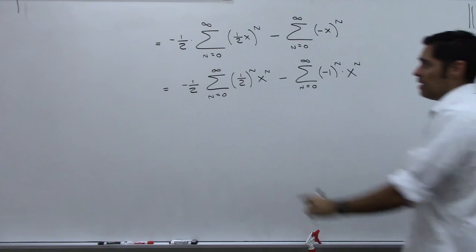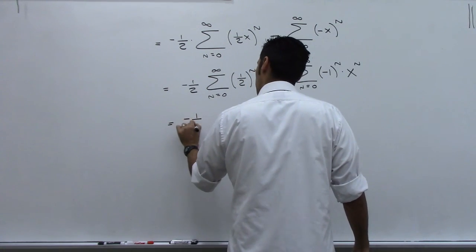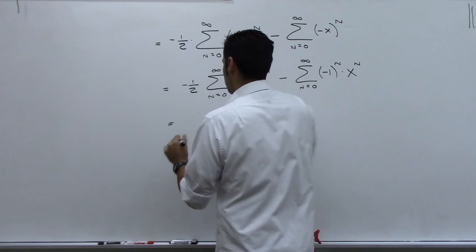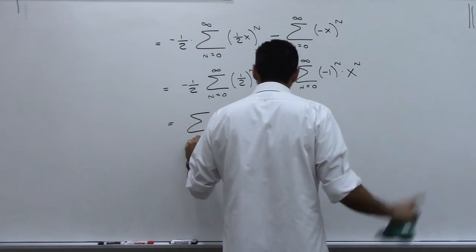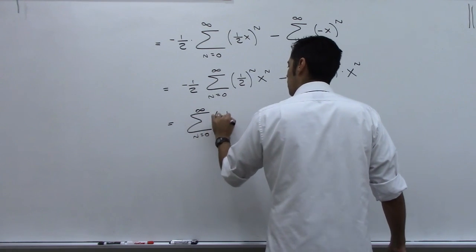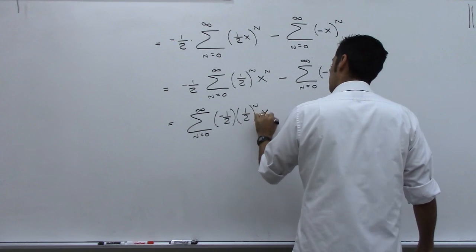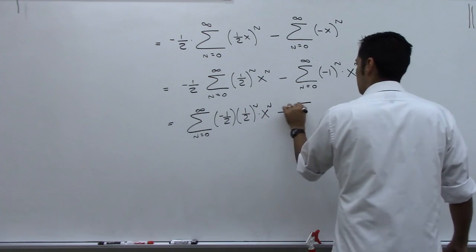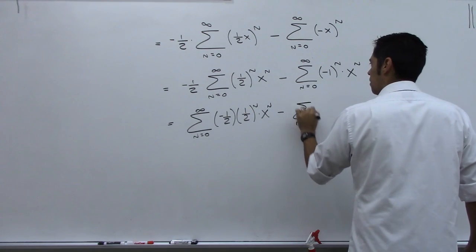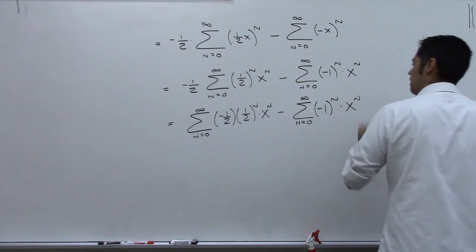Now I'm going to bring this negative 1/2 in like this. So we have sum n equals 0 to infinity of negative 1/2 times 1/2 to the n times x to the n, minus sum n equals 0 to infinity negative 1 to the n times x to the n.